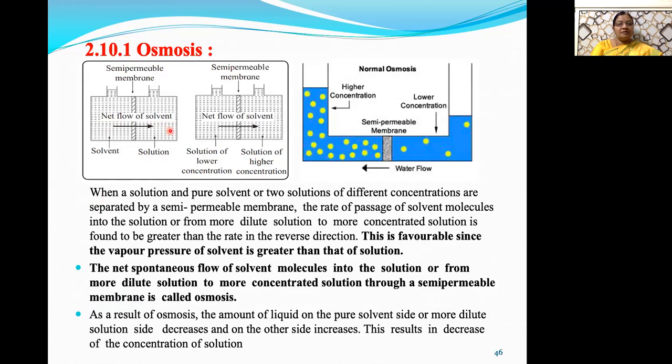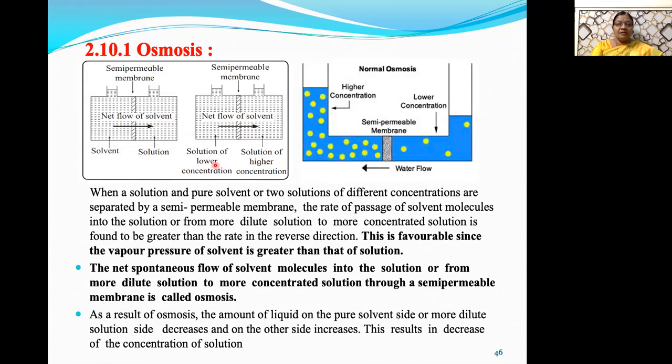Or, in an alternative definition, if two solutions with different concentrations are separated by this semi-permeable membrane, net flow of solvent molecules takes place from the solution of lower concentration to the solution of higher concentration.